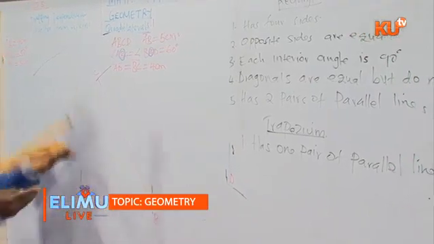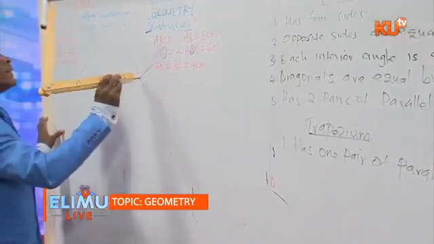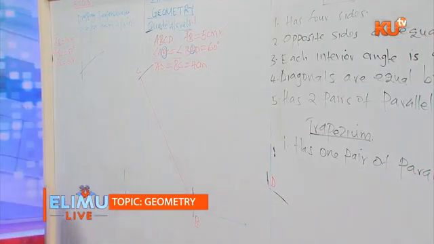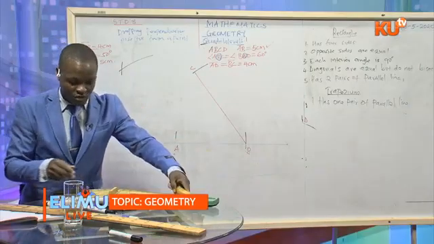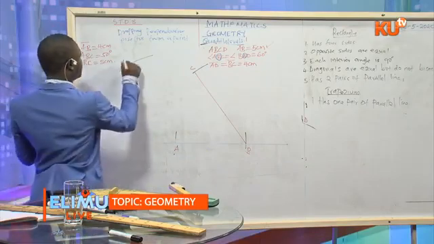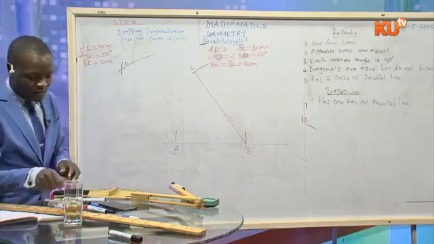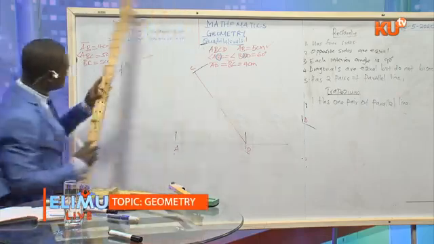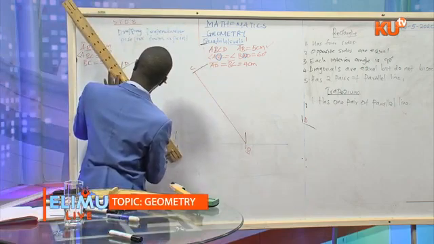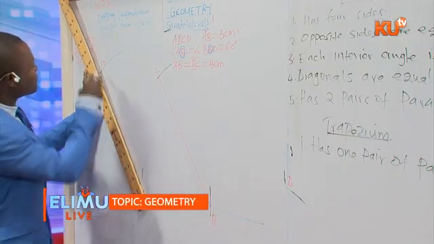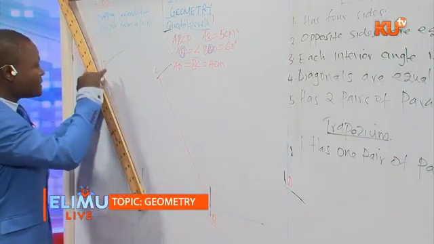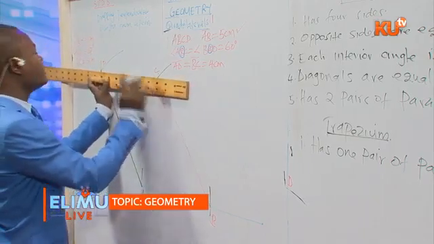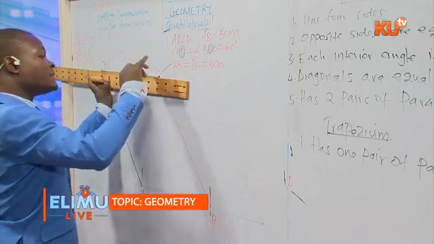Since from here to here is 4, it means from here to here is also going to be 4. So where they intersect is your point D. Now you can join point AD, and then you can also join point DC.